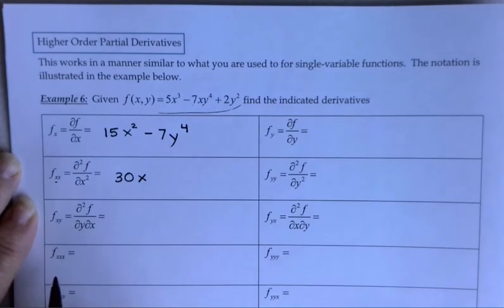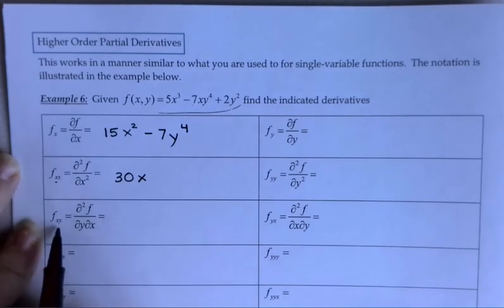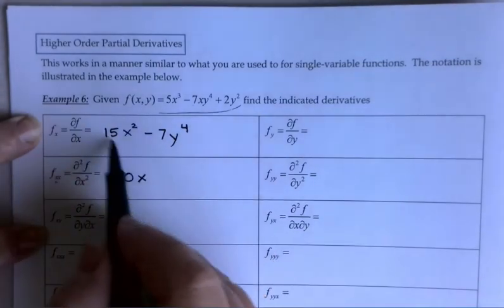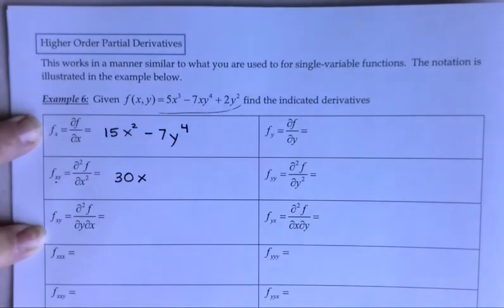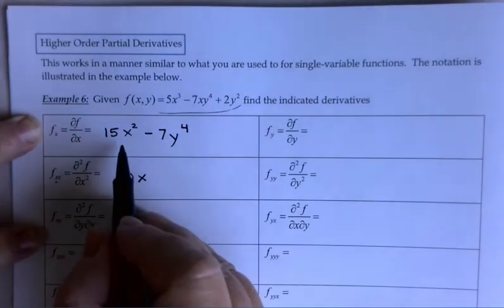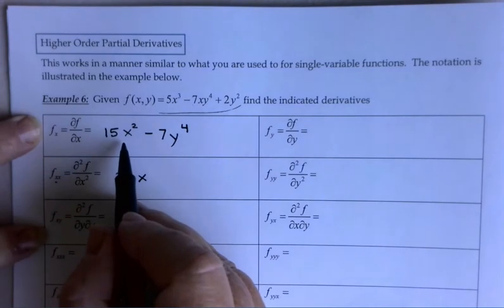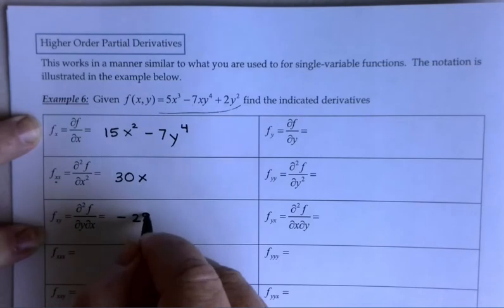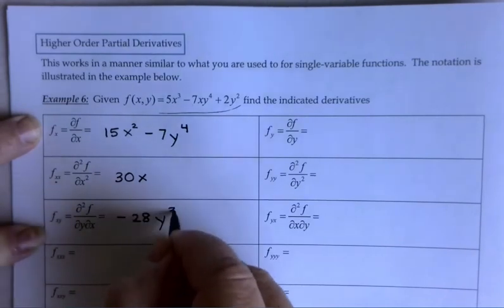Now another option for the second derivative would be to do f with respect to x and then y. So if I go back up to f sub x, and this time when I do another derivative, I do it with respect to y, my first term will have a derivative of 0, and the second one's going to give me a negative 28y cubed.